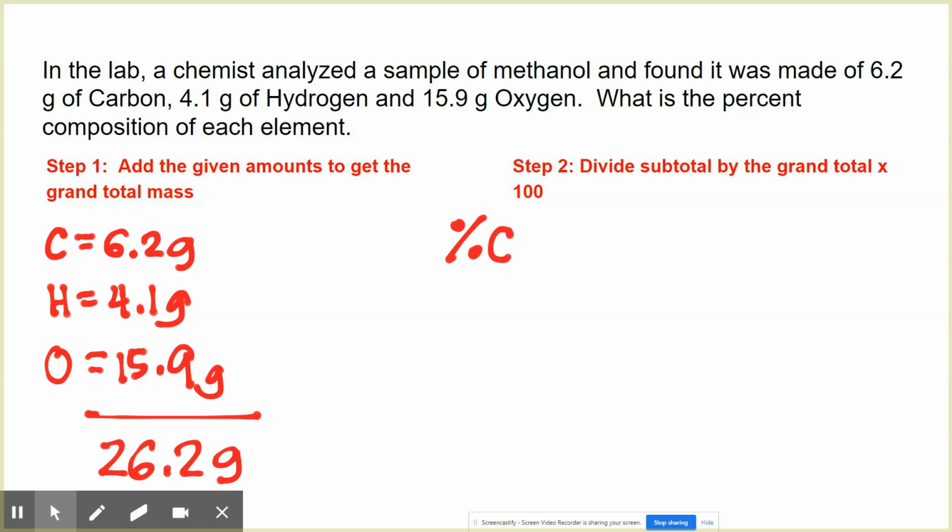All right. Now we can calculate the percent for each one. Again, just divide the subtotal by the grand total times 100. So for carbon, it's going to be 6.2 divided by 26.2 times 100. Put this in a calculator and you should get 0.24, times 100 should give me 24%.